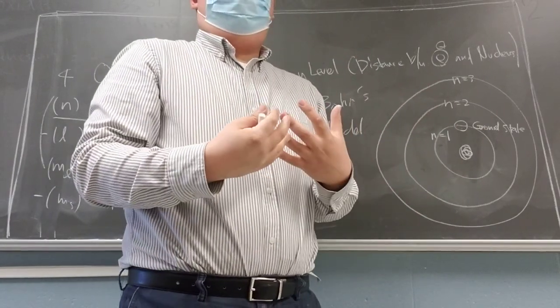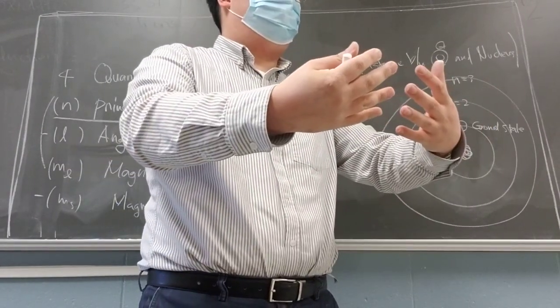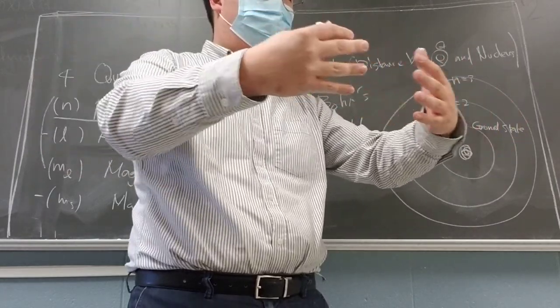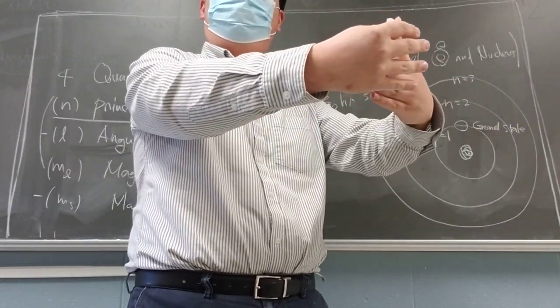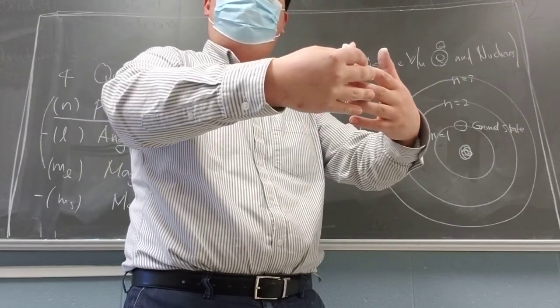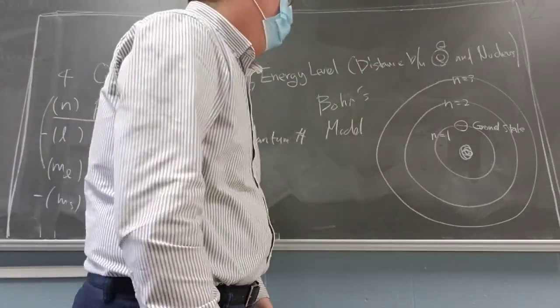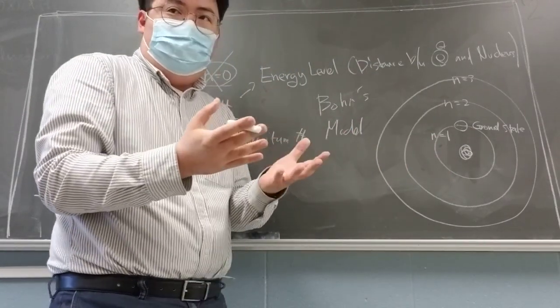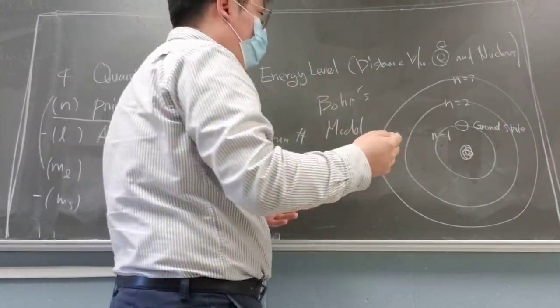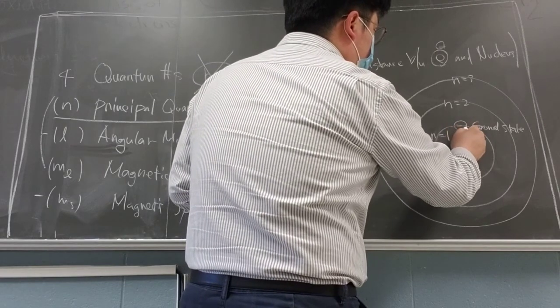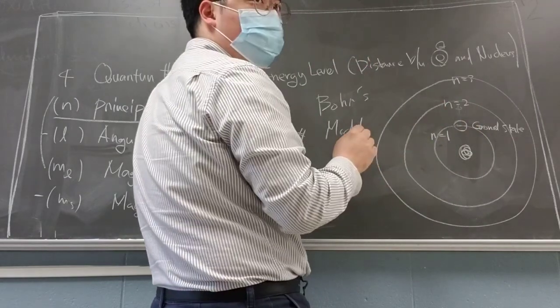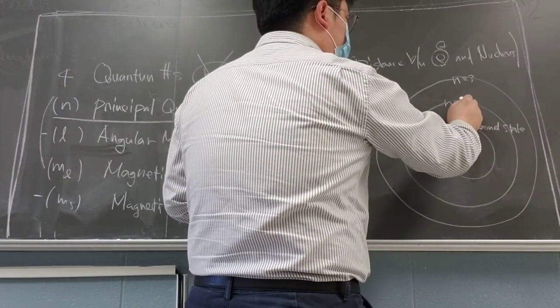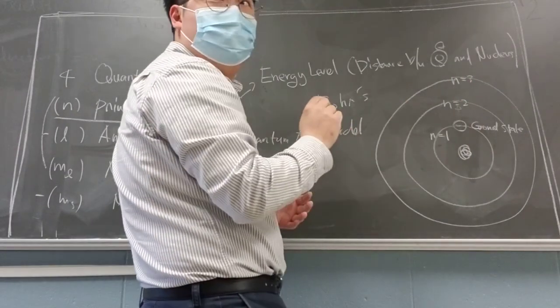But if you're strong enough, you have more capacity to keep the money a bit away from you, but still no one can steal it because you're strong. So that means if this element has a lot of energy in the form of light or heat, they'll be able to move the electron to a higher energy level. So they can even put it at n=2 or n=3. Okay, does it make sense?